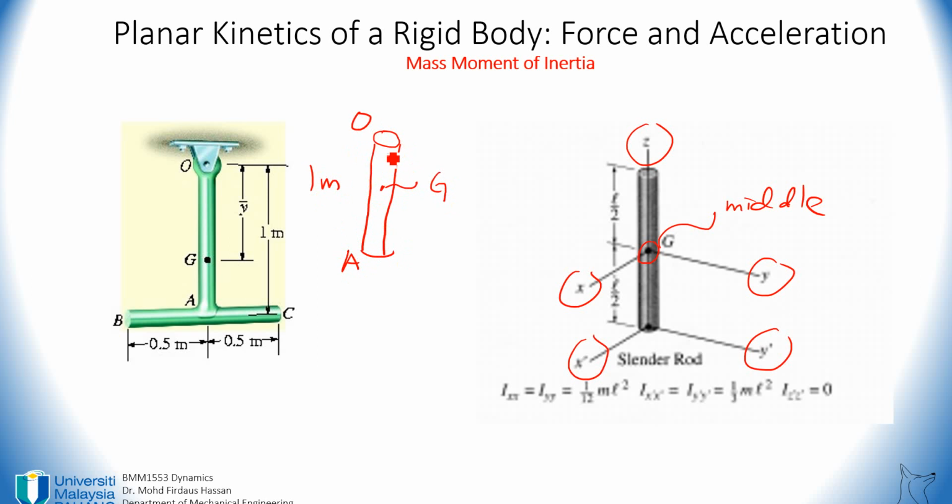It doesn't matter where you pin it, at O or somewhere else. As long as this is a rod, regardless of where it is pinned, G is still in the middle. Similar to rod BC, G remains in the middle.